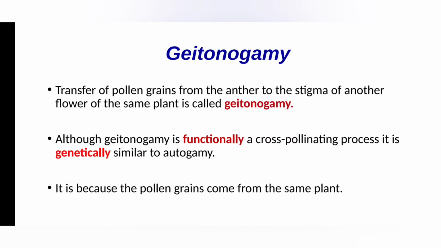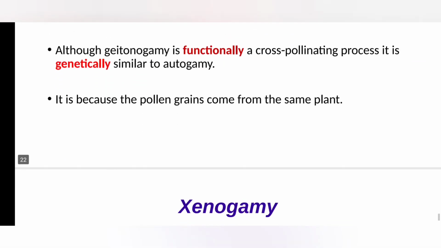The genetic makeup remains the same. So even though the pollen grain comes from a different flower in geitonogamy, genetically it is similar to autogamy because it is going to produce genetically similar offspring. It is because the pollen grains come from the same plant.